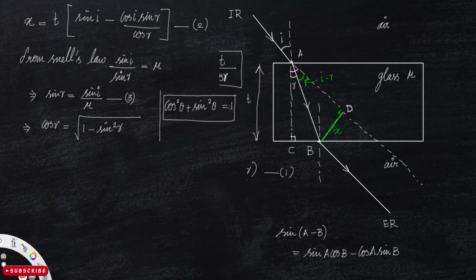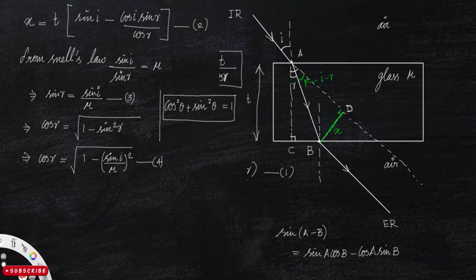So cos square theta will be 1 minus sin square theta, and cos theta will be root of 1 minus sin square theta. Similarly, cos r is root of 1 minus sin square r. Therefore, cos r is equal to root of 1 minus, but we know sin r is equal to sin I by mu, so sin I by mu whole square. Okay. So let me call this equation number 4.